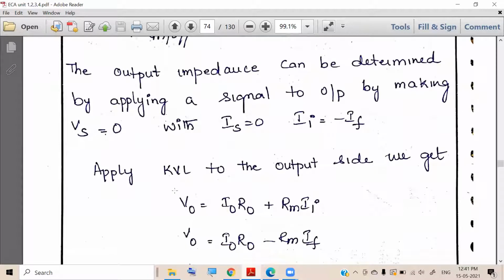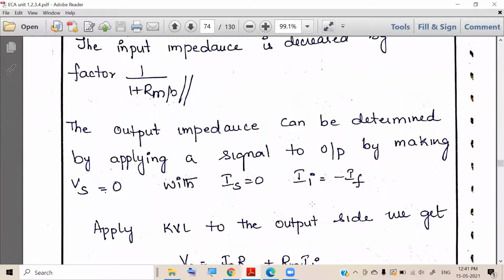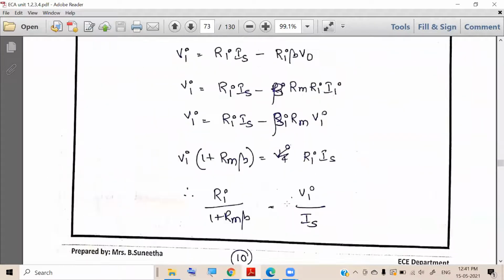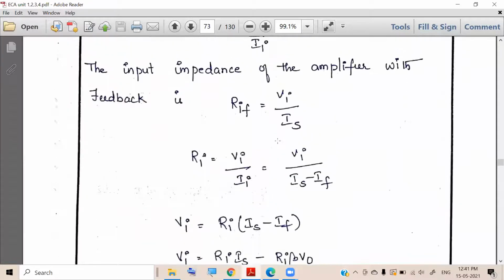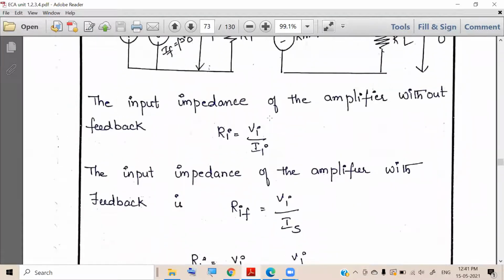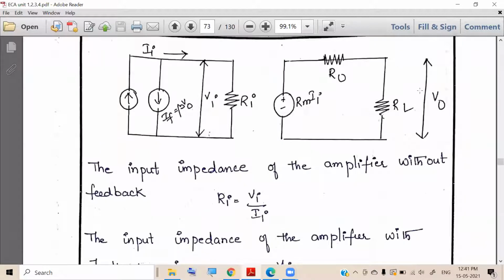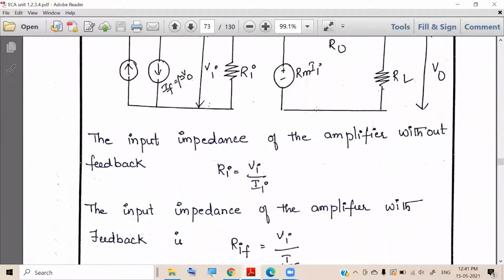V0 is I0 R0 plus Rm into Ii. How did we get this? As discussed already, by applying KVL, V0 is equal to I0 R0 plus Rm into Ii.